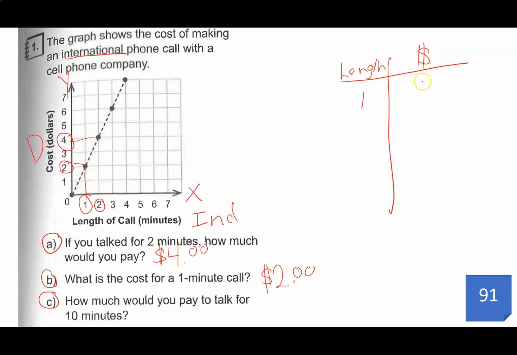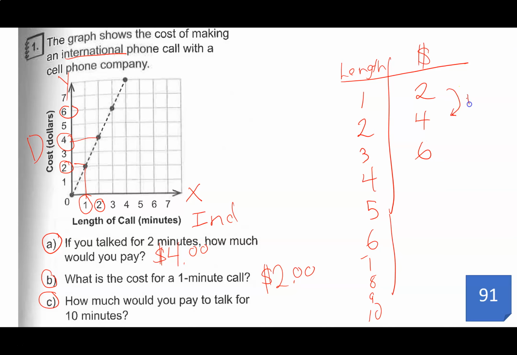So we know a 1-minute call costs $2. A 2-minute call costs $4. A 3-minute call costs $6, and so on. So if we go all the way up to 10, we will find our answer for part C. You may notice a pattern in the second column, the cost of the call.